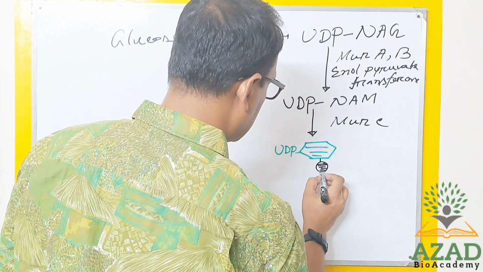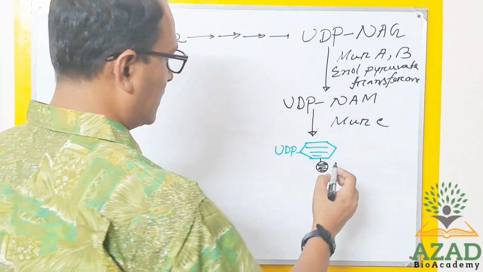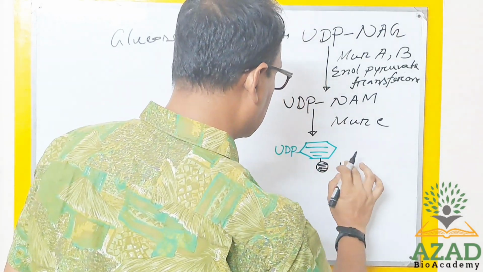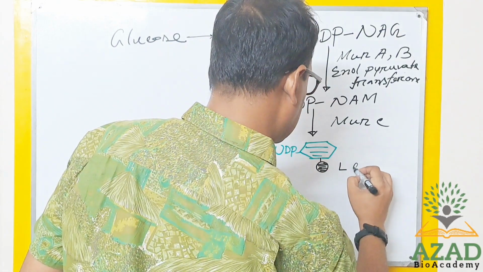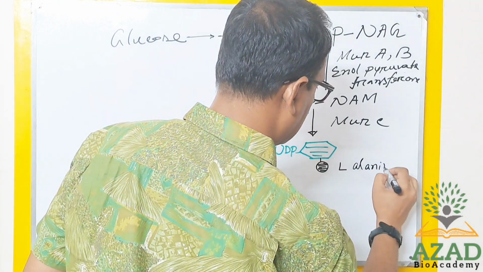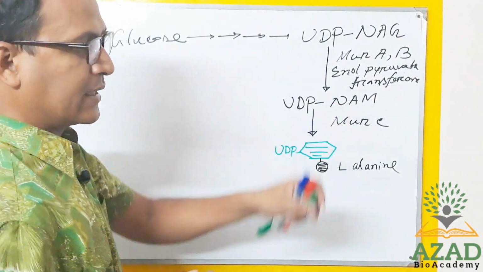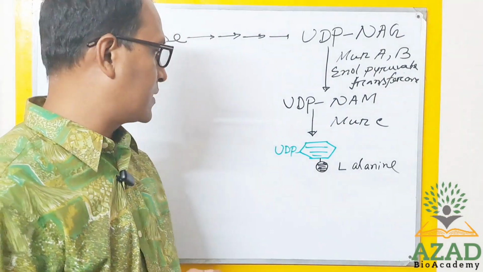This amino acid name is L-alanine. L-alanine will attach to the UDP N-acetyl muramic acid.